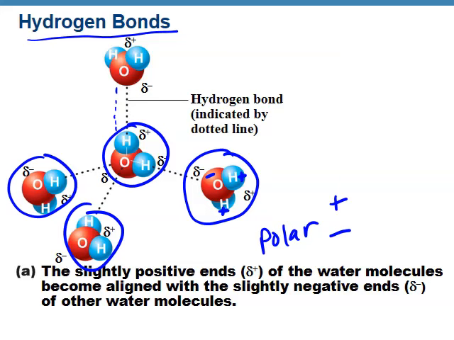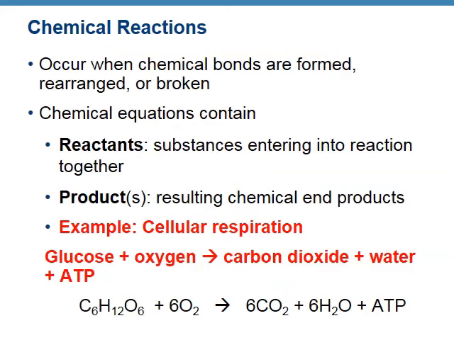Hydrogen bonds is where there's just an interaction. So the negative side of one molecule associates with the positive side of another molecule and forms this somewhat weak interaction. The reason I say somewhat is individually they're weak, but if you put a bunch of hydrogen bonds together, they're quite strong.